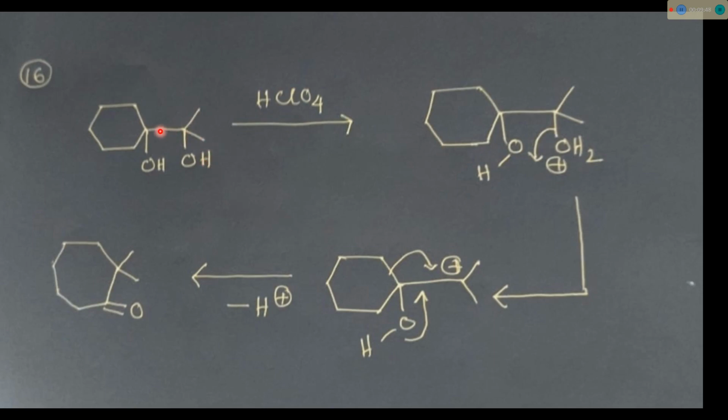But if this carbocation forms, this is a cyclic structure, and positive charge in a cyclic structure is unstable compared to a normal 3° carbocation. So that's why this OH group protonates to form this carbocation. Then this OH leaves and this bond breaks to form a 7-member ketone. So this is the structure.